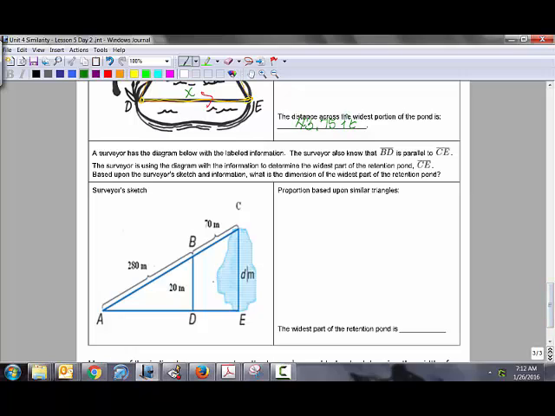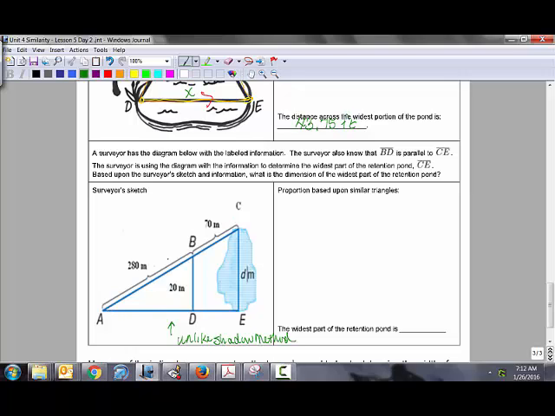We have a diagram that looks very similar to this one. Now this one looks more like the shadow problem to me, except unlike the shadow, we do not have the collinear points and the measures of the segments that these collinear points are on that are on the ground.